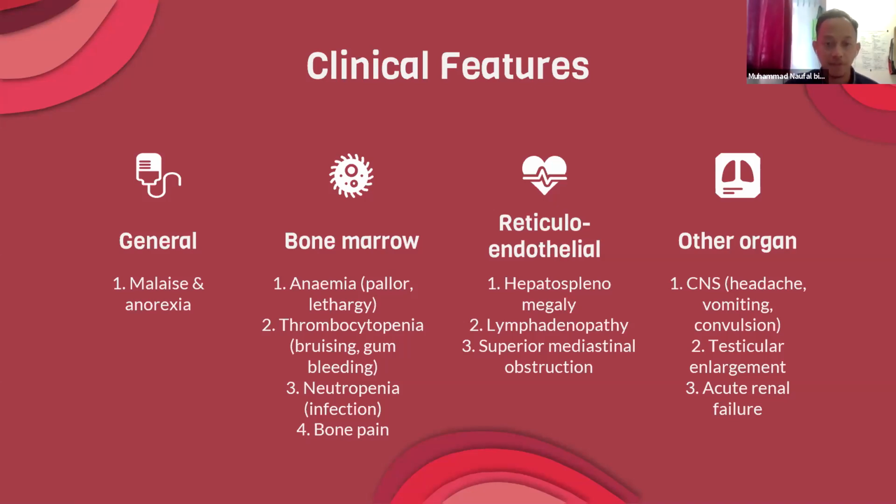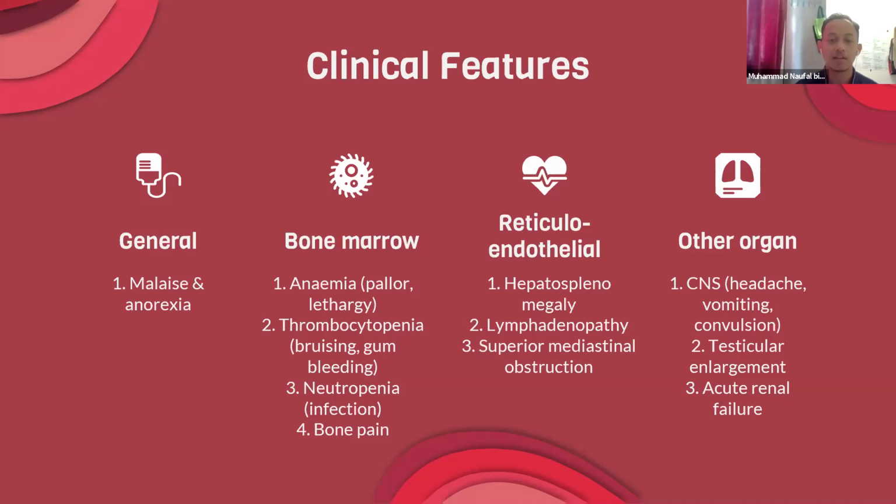And for bone marrow, there will be anemia, which will be presented with pallor and also lethargy. And then there will also be thrombocytopenia, and the patient will be presented with bruising, petechiae, and also nose or gum bleeding.